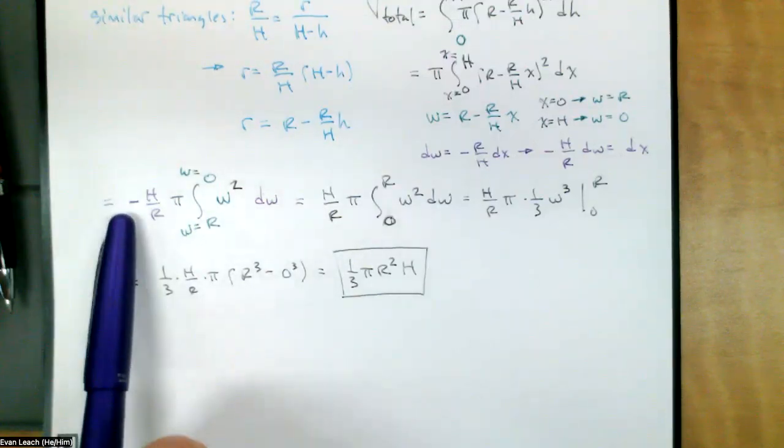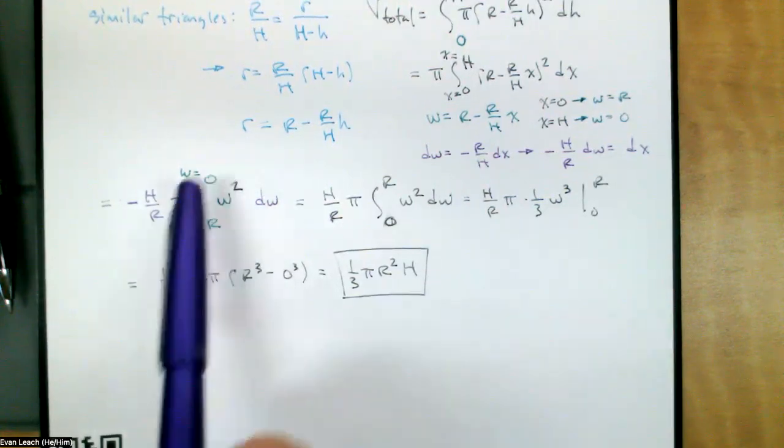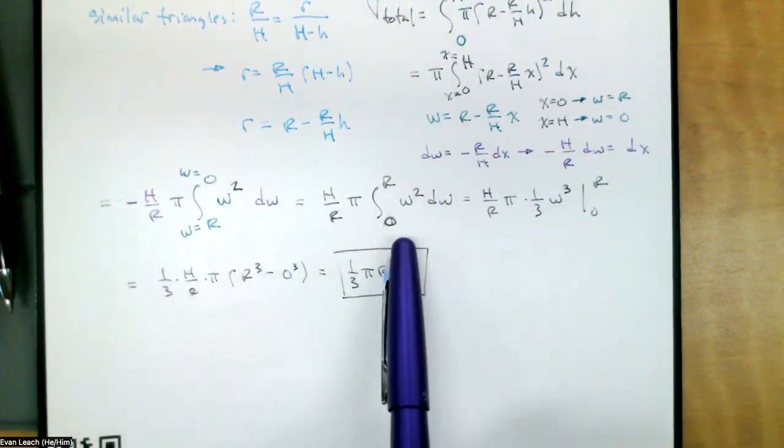I got rid of this negative by changing the order of integration. Instead of going from r to 0, the integral from r to 0 is -1 times the integral from 0 to r.